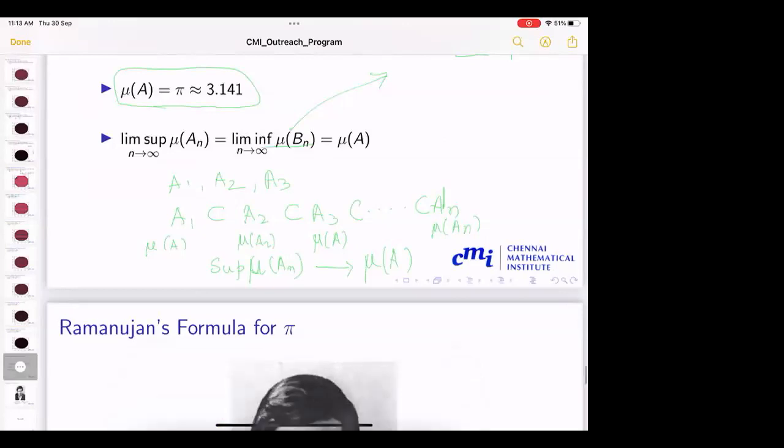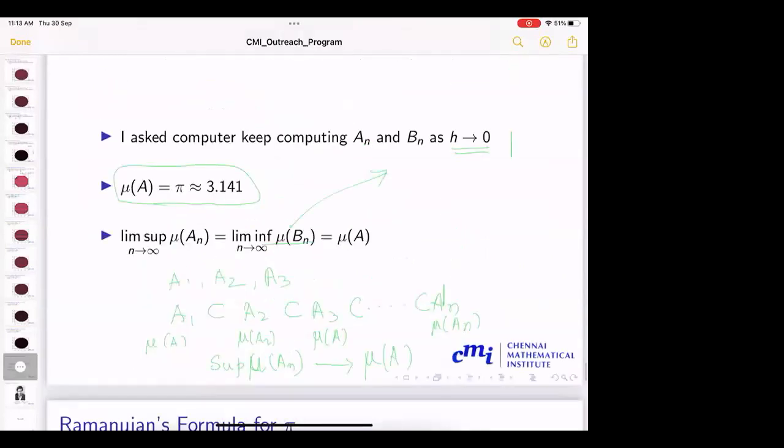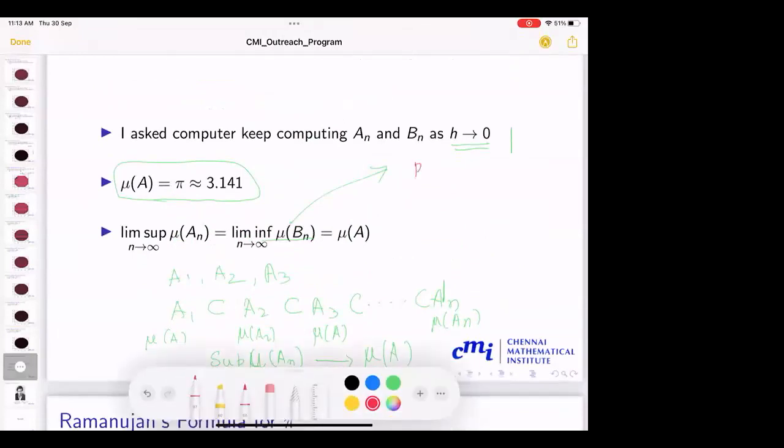I'm just taking B1, which is a superset of B2, which is a superset of B3. And I keep doing. There is a Bn, which is a superset of A. So I do know mu B1, the measure that I'm doing, is greater than mu B2 in this way, and it is finally greater than mu A.